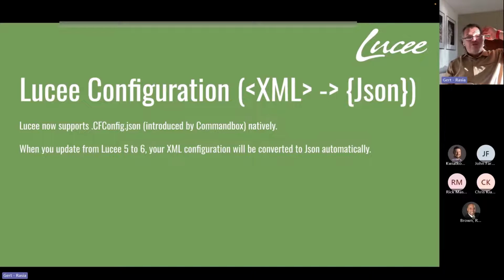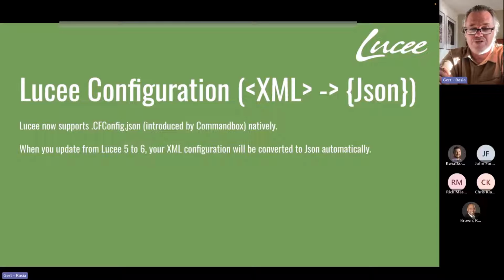Then one thing that we wanted to do for ages: the Lucee configuration was always done in XML, and we have switched that from XML to JSON. Everything that you see in the administrator is stored in a JSON in the format of cfconfig. So the cfconfig.json, which CommandBox introduced, is now used by Lucee natively.